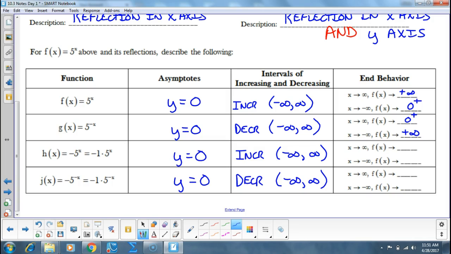In the third one, on the right side, it's going to negative infinity, and on the left side, it's going to 0 from below. On the last one, it's going to 0 from below on the right side, and to negative infinity on the left side.